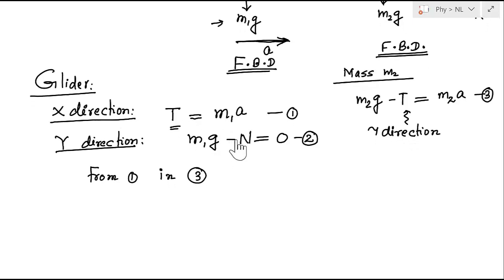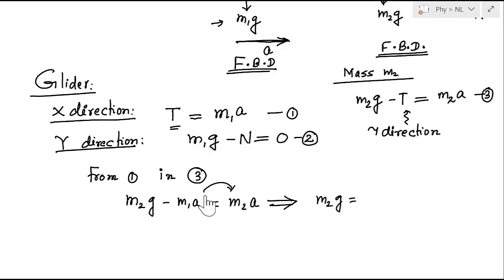So from 1 I can write T equals m1a. So equation 3 is m2g minus T, which is m1a, and this equals m2a. This gives m2g equals, taking the right hand side, (m1 plus m2) a.